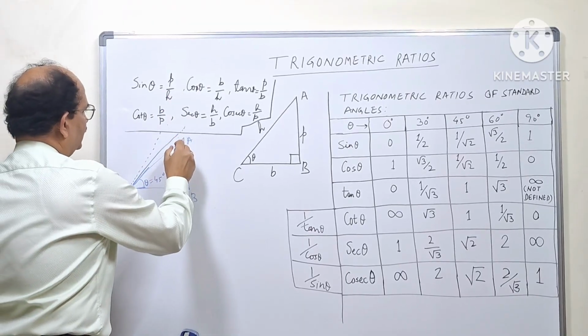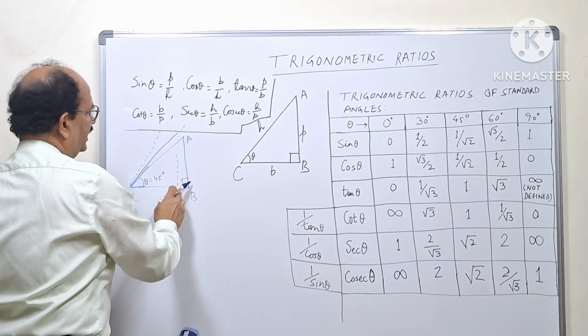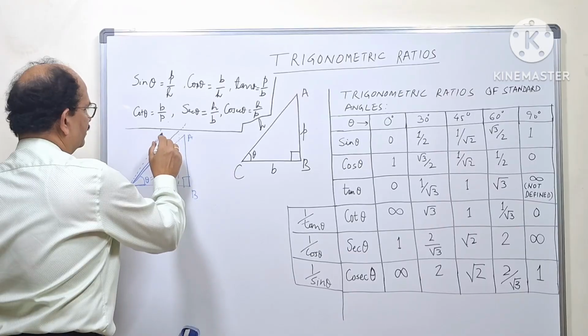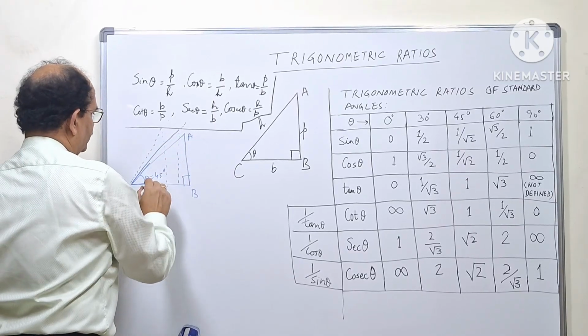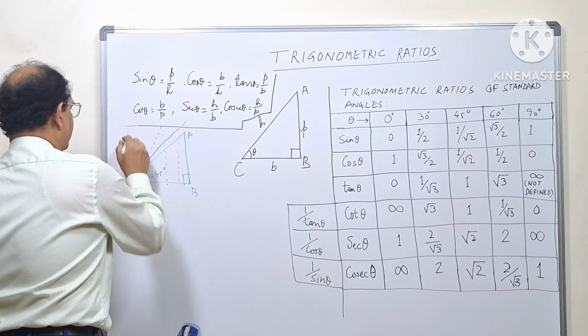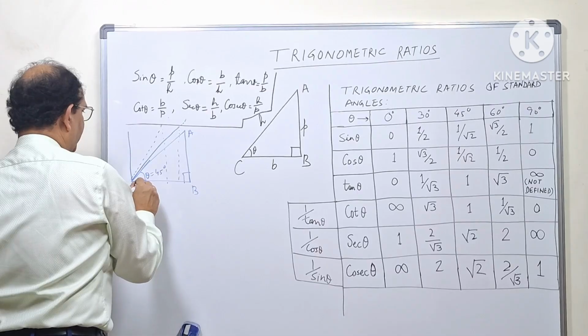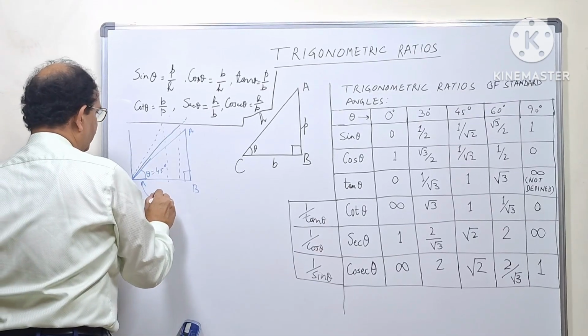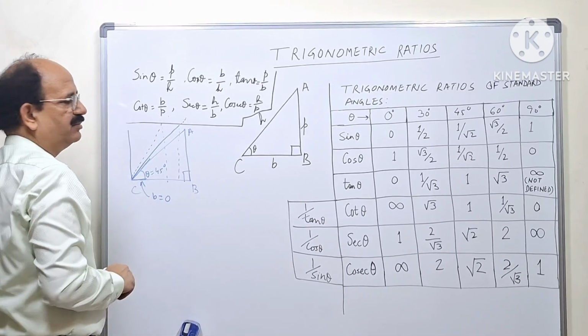And you see that this projection, that is base, will continuously decrease, right? So if you keep increasing, ultimately your base will keep shrinking to the extent that base becomes 0.